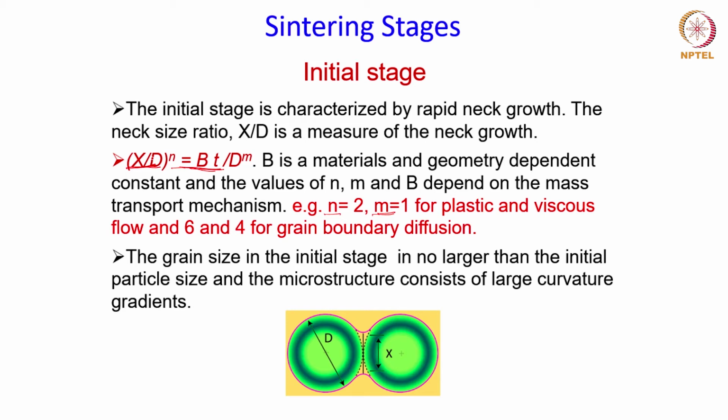The grain size in the initial stage is no larger than the initial particle size, because this is just the beginning of the sintering, so there is no coarsening and all that. So the microstructure consists of large curvature gradients.